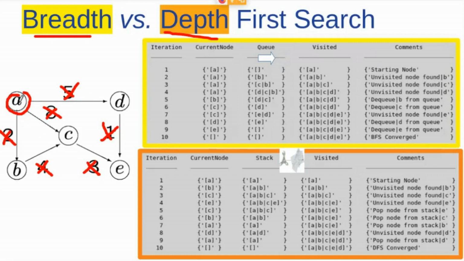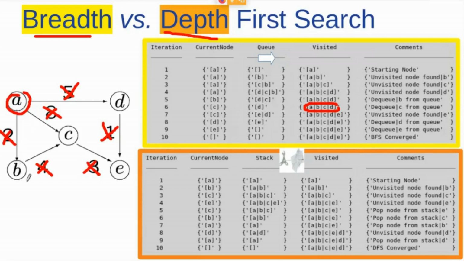So that's why I have A, B, A, C, and A, D, right? So the list will be A, B, C, D of the nodes, right? And then the last node will be E.